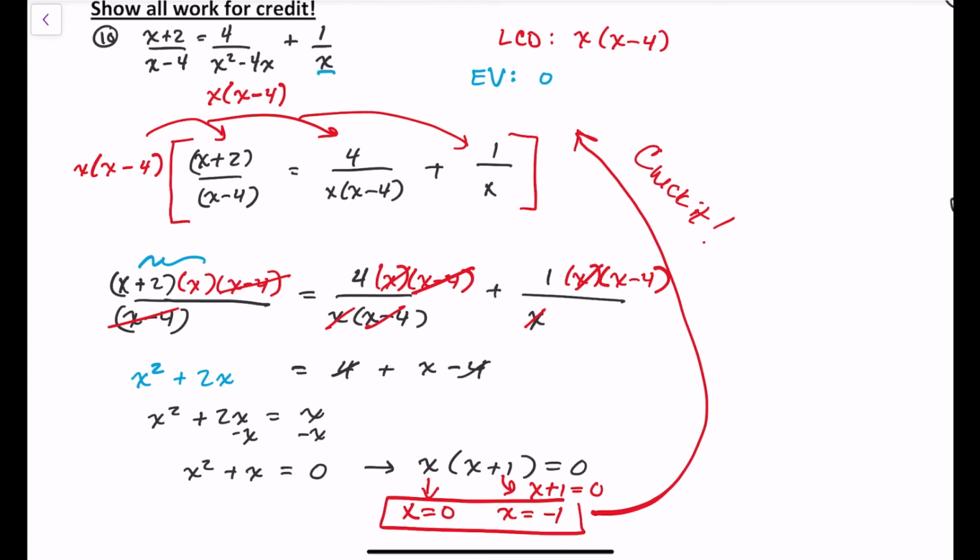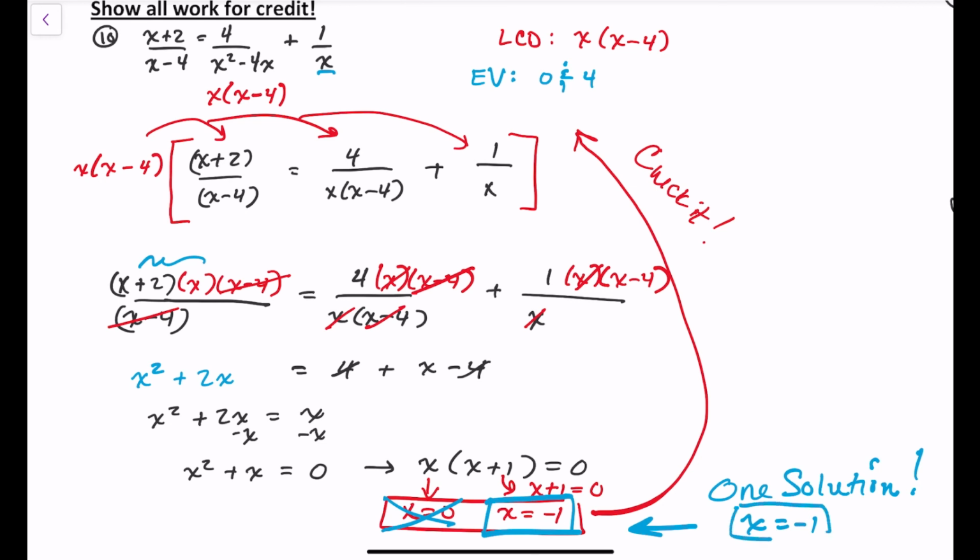So I definitely have an excluded value of 0 there, and then I would also have x equals 4. So I can't use x equals 0, but I do still get my answer of x equals negative 1. So again, on this problem, I have one solution that works. So I want to deliberately cross through that answer that doesn't work and circle the one that does, which is x equals negative 1.